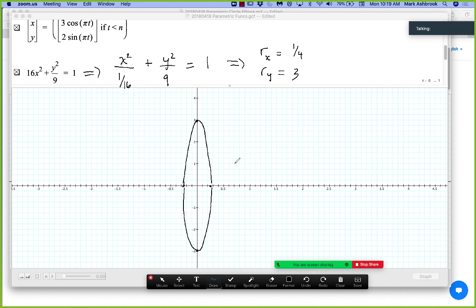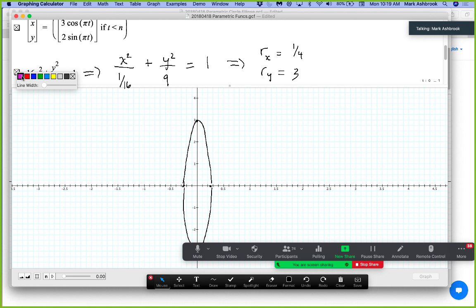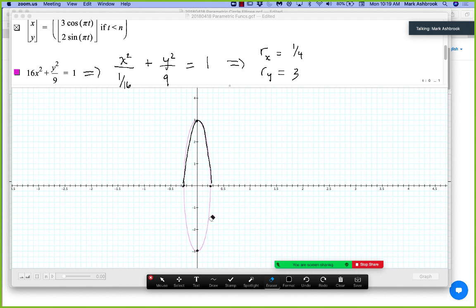Best ellipse I've drawn all day. But let's make it really pretty. Oops, that's not going to do that. Now I'll let the software do it, nice and pretty.